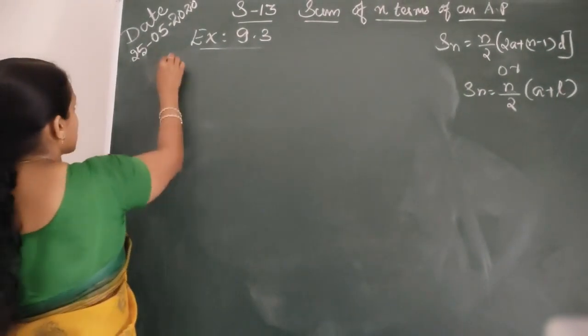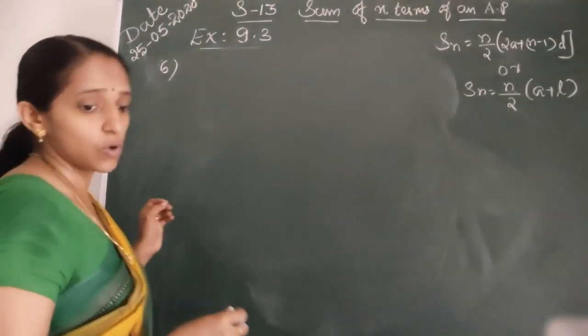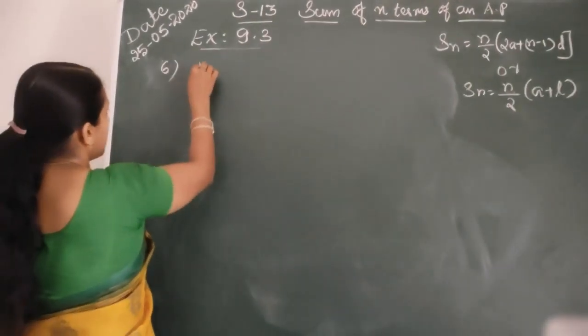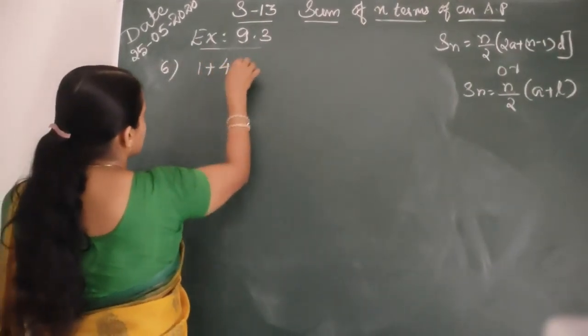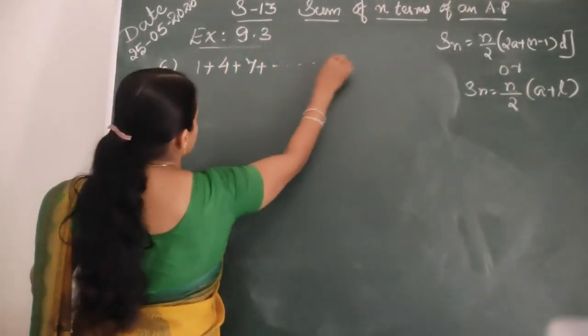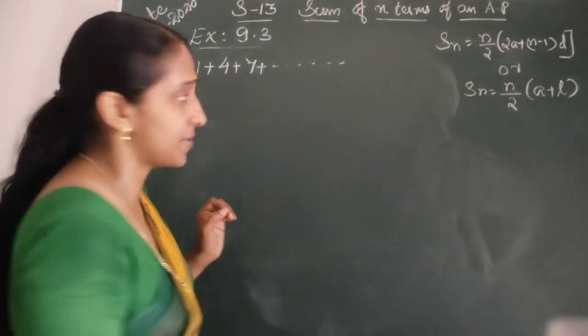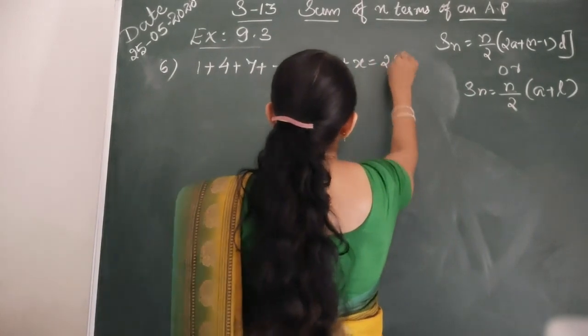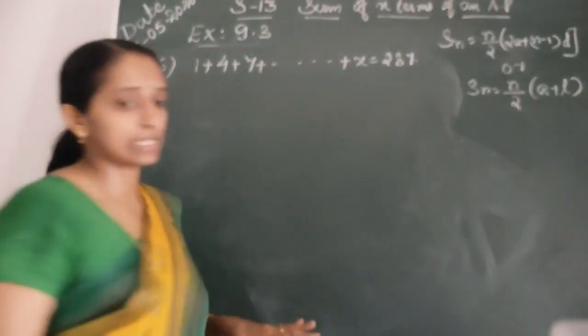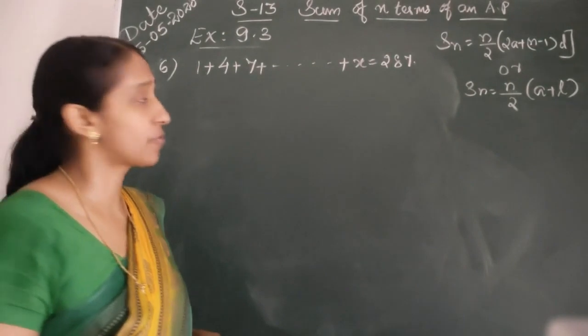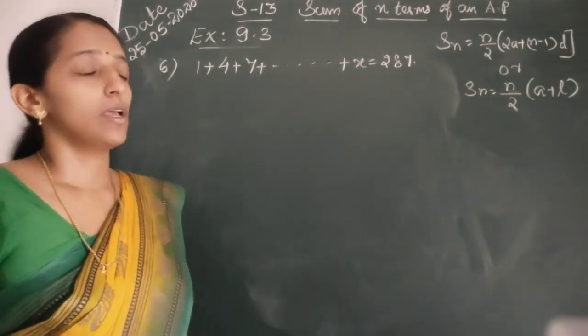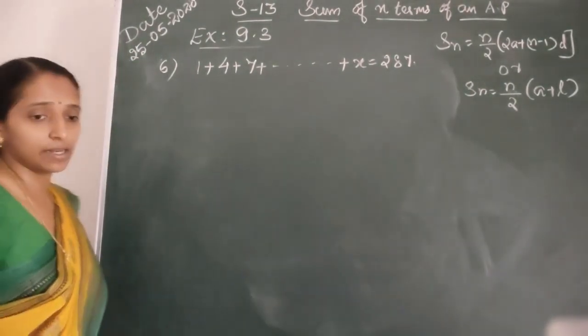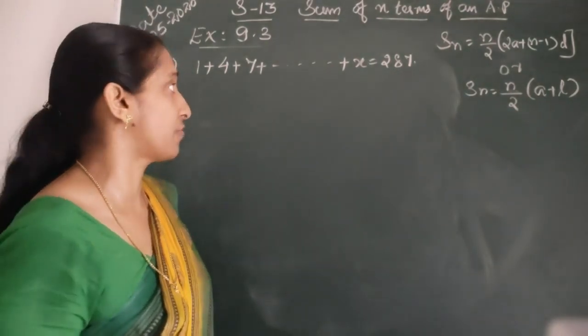Question number 6. It is given: solve for x. 1 plus 4 plus 7 plus etc. The last term is given as x, and the sum of all these terms is equal to 287. You have to find the value of x.